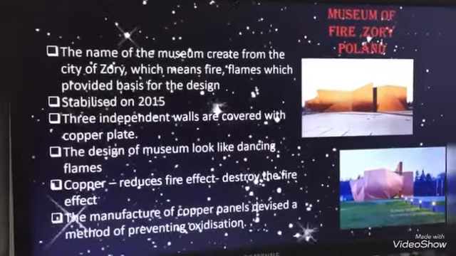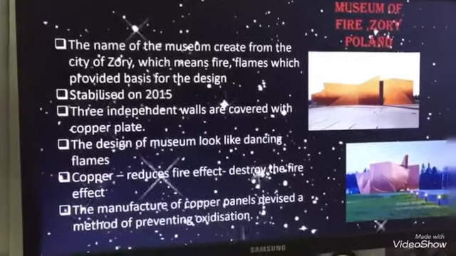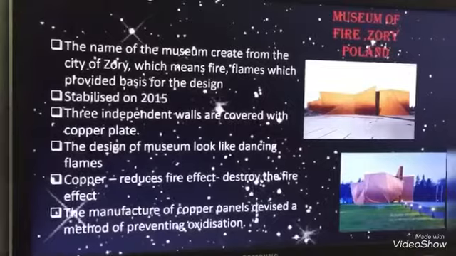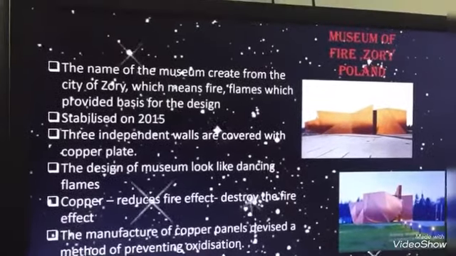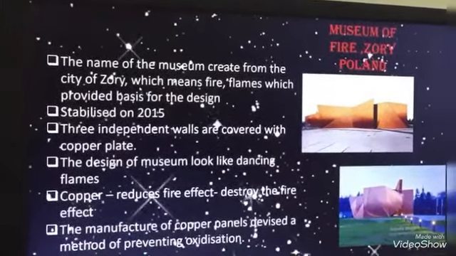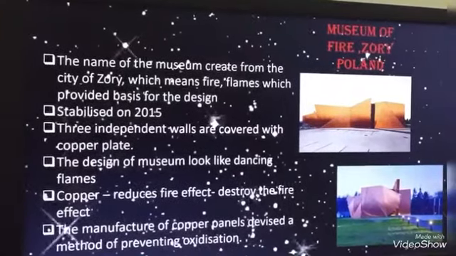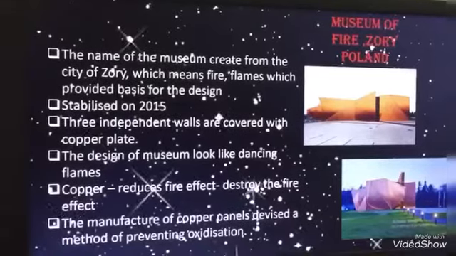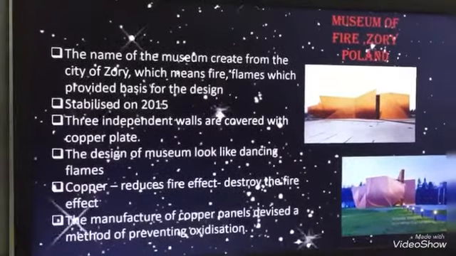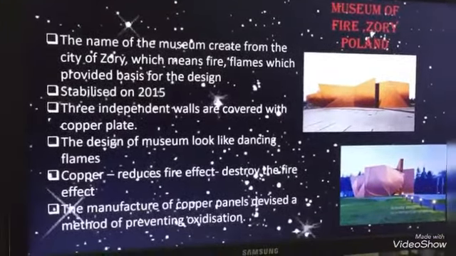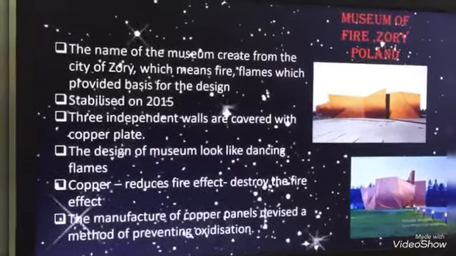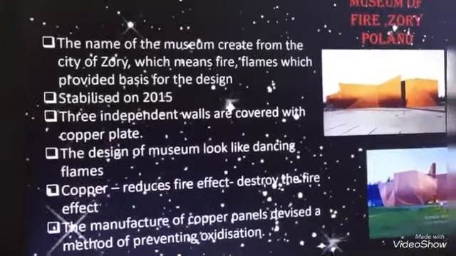The third copper building is the Museum of Fire, Zori, Portland. The name of the museum comes from the city of Zori, meaning fire or flame, which provided the basis for this design. This building was established in 2015. The three independent walls are covered with copper plate, as you see in the pictures of the building.